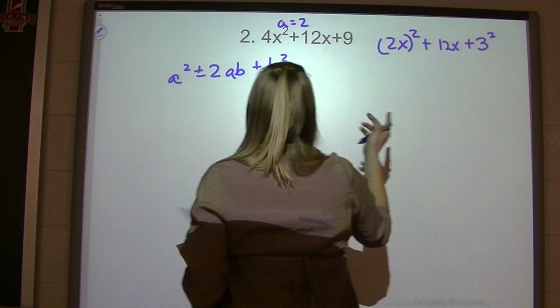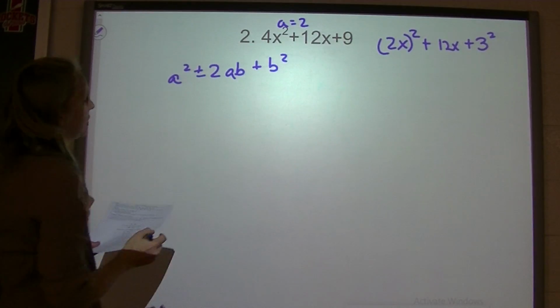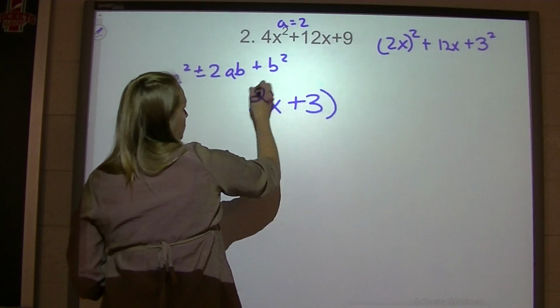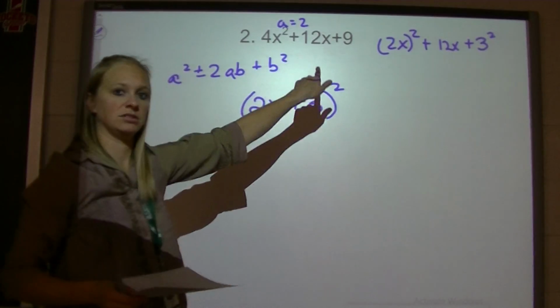So 2 times 3 is 6, 2 times 6 is 12. So yes, this is a perfect square. So our perfect square is going to be 2x plus 3 squared.